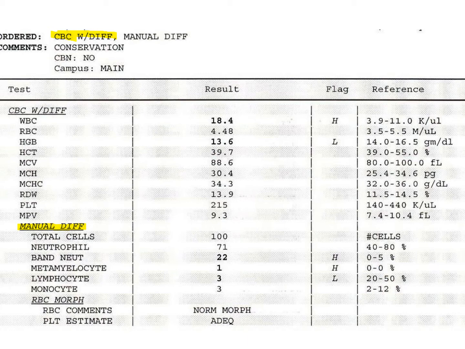So looking at this patient's CBC, I see a rise in their white blood cell count, and looking at their bands or their baby white blood cells, I see that they're beginning to rise. This is letting me know that the body is noticing an impending infection, and it is sending out these infection fighters before they are fully mature.